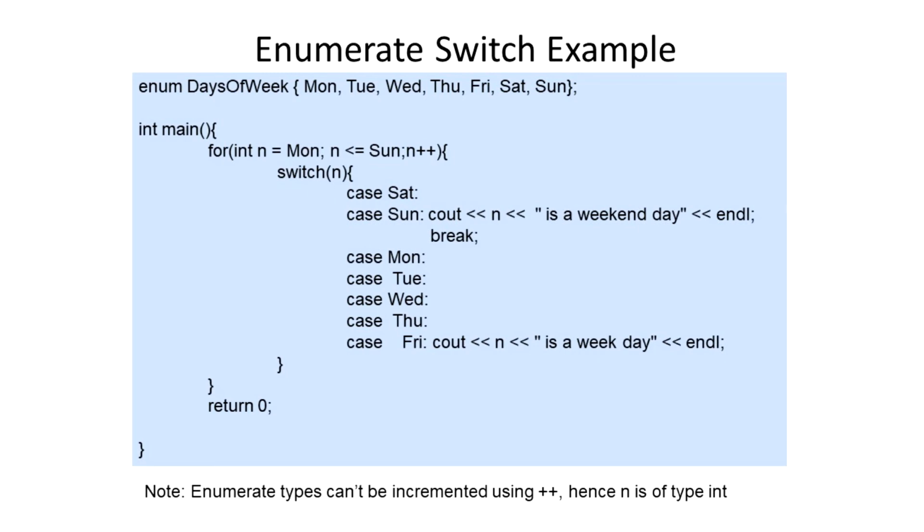And notice that we've only got the break statement after Sunday. Whilst the fall-through mechanism can appear confusing initially, it starts to make a bit more sense here, doesn't it? Because we only want to break out of the statement in the case that we actually output the message. So if it is Saturday, then we want to trigger Sunday, which is the message. And likewise, if Tuesday, then we want to go down to the cout statement for weekday, which is in Friday.